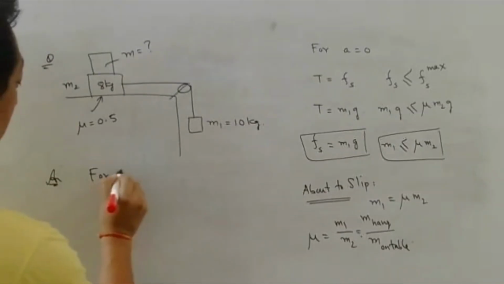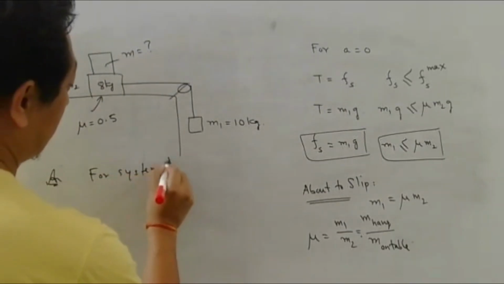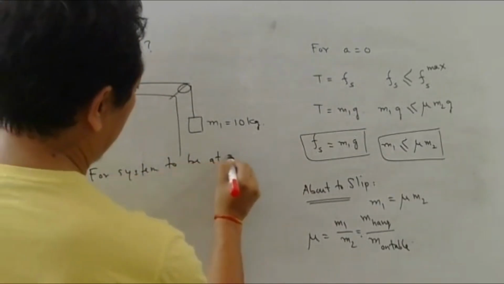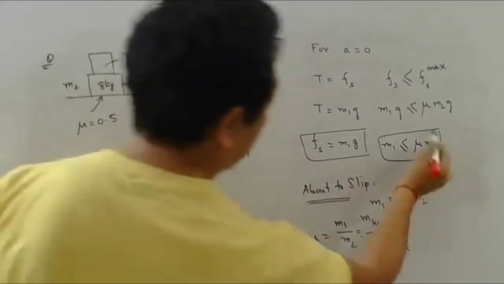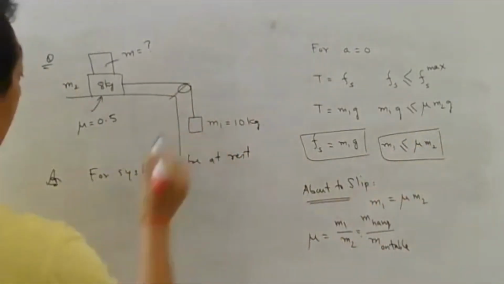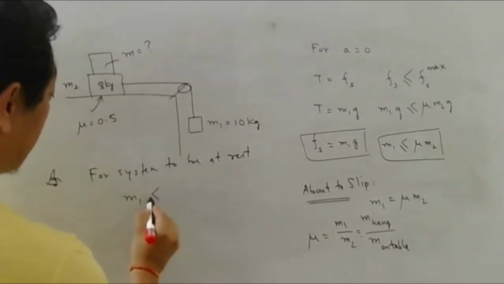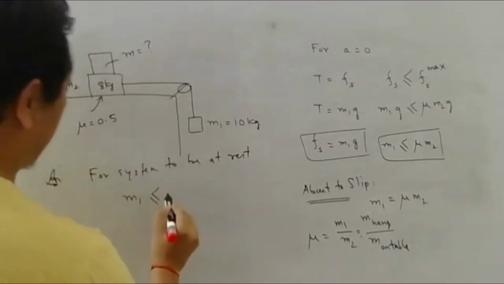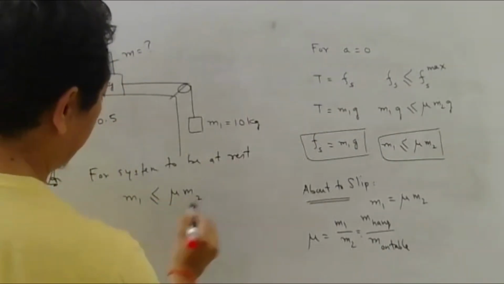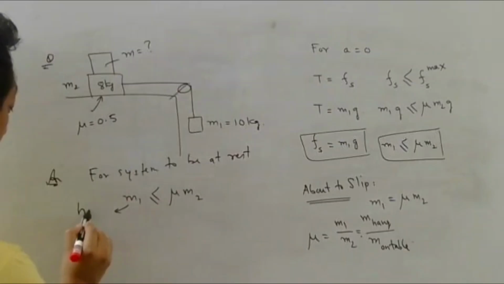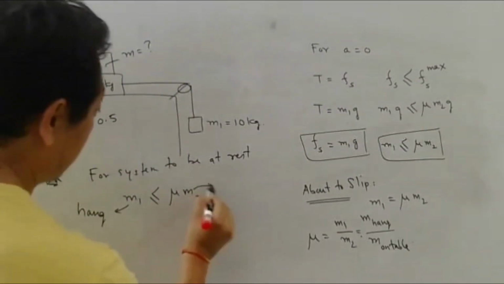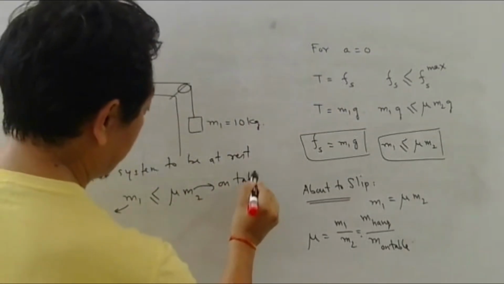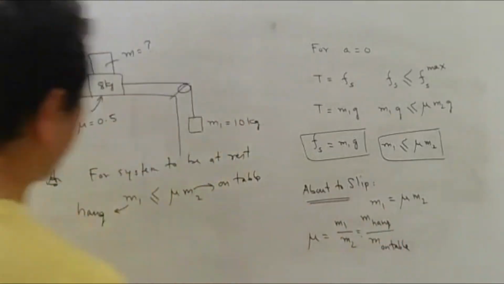So for the system to be at rest, what is the condition? Mass hanging should be less than or equal to mu into mass on the table. Remember, this is hanging mass, this is on-table mass. Or you can use this formula also.